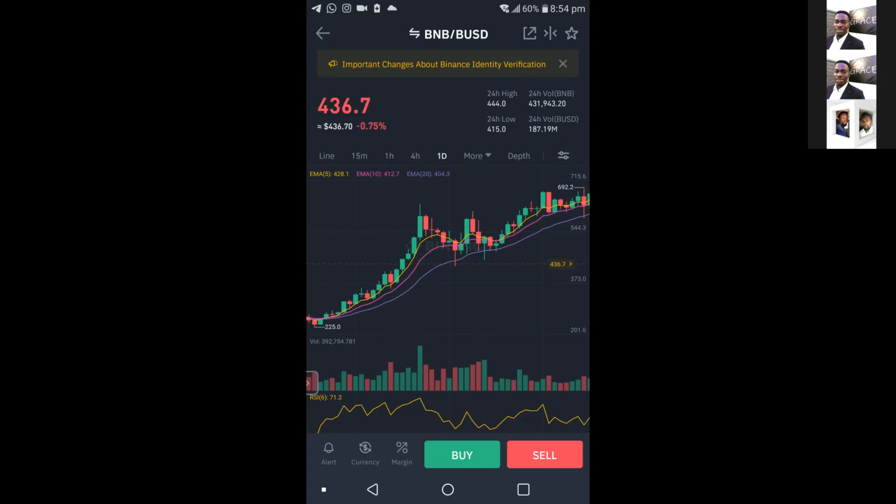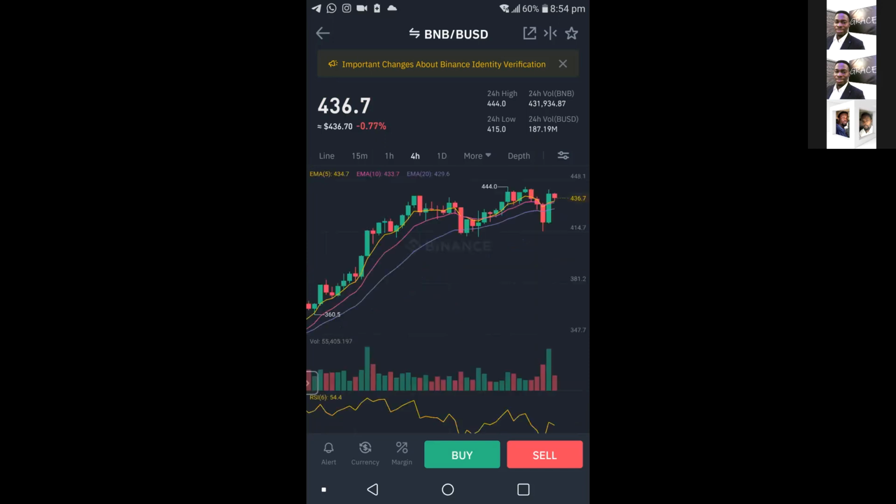It's not that your robot will just be there and not be able to close trades. The only way your robot makes money is when the market goes up, comes down, goes up, comes down. When the market goes up, it sells. When the market comes down, it buys. As many times as that happens in a day, you just keep making profit. You just keep seeing notifications like this.